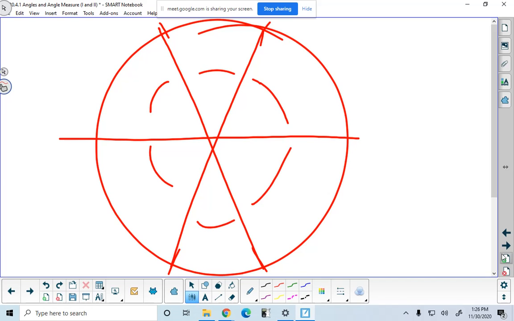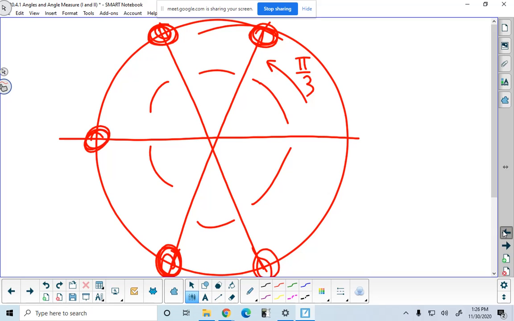Each of these is pi over 3. So 1 pi over 3, 2 pi over 3, 3 pi over 3, 4 pi over 3, which is what we got, 5 pi over 3, which is what we got.